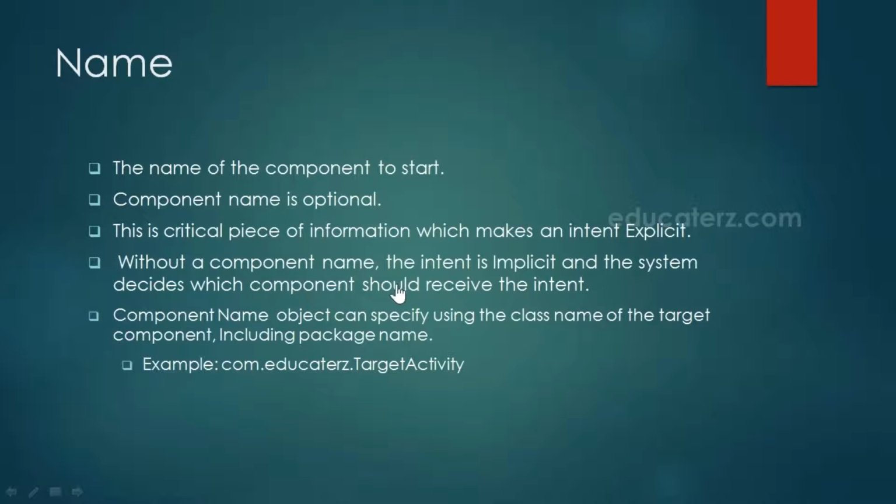Without an application component name, the intent is an implicit intent and the system decides which application should receive it. It is something like travelling from place X to place Y: if you give a proper destination name, you get every possible way to reach there.